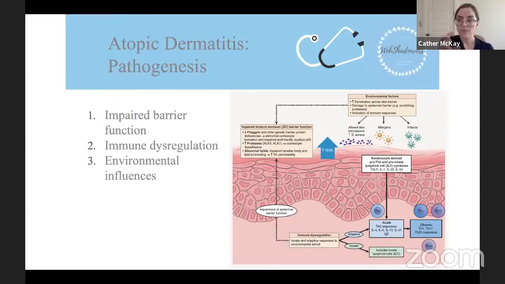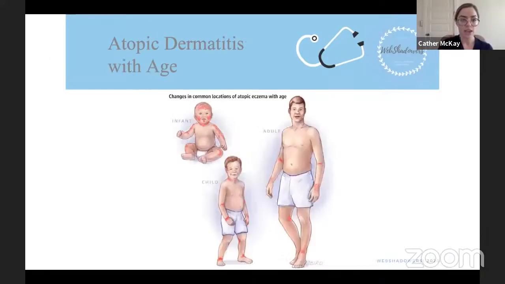The microbiome gets skewed in patients with eczema, along with allergens and irritants. So there are lots of factors at play, and knowing the pathogenesis, the way you treat it is that we try to address each of these components.